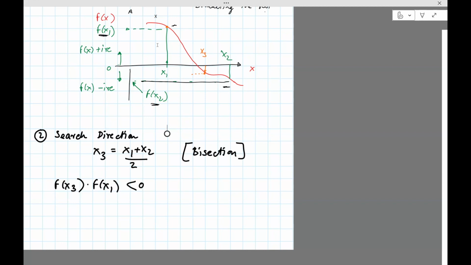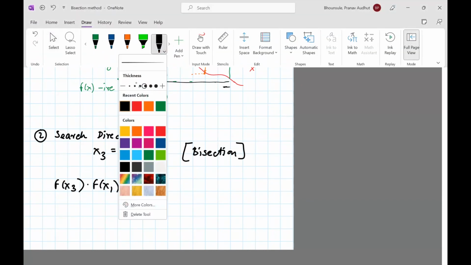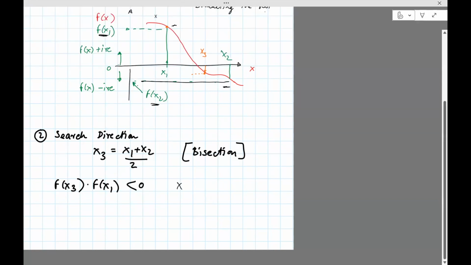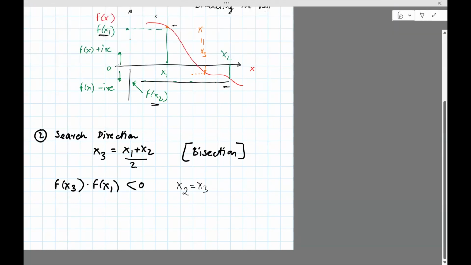So you'll replace x2 with x3, because now x1 and your new x2 are bracketing the root. So this becomes the new x2, and again x1 and x2, which is this point, are bracketing the root.